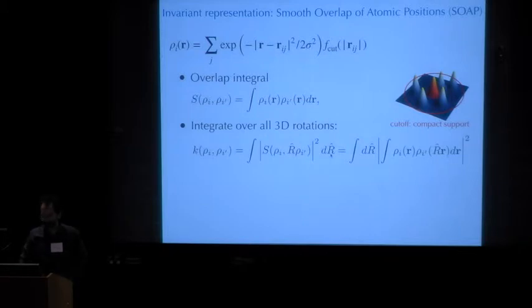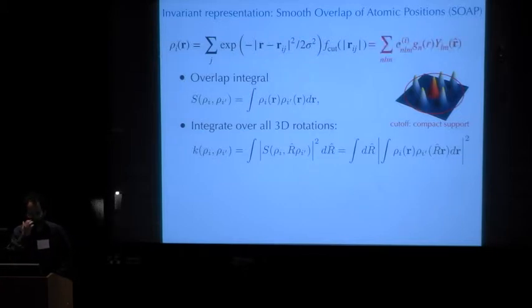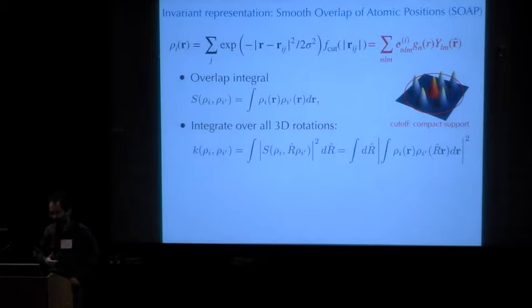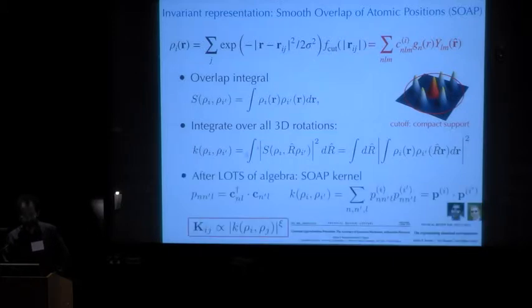That six-dimensional integral would be quite nasty to evaluate explicitly, but fortunately we don't have to, because a piece of harmonic analysis and work of Risi Kondor shows us that if we expand this density in spherical harmonics, then the square of those coefficients, C dagger C, is called a power spectrum, P, and this K turns out to be just P dot P.